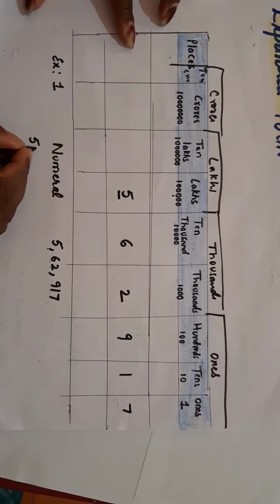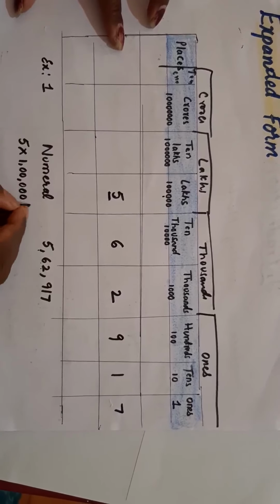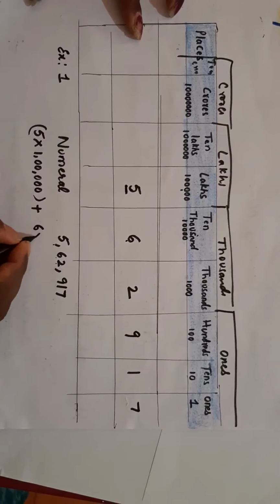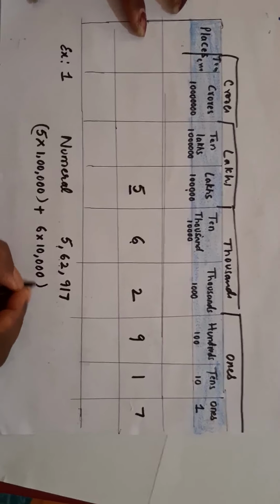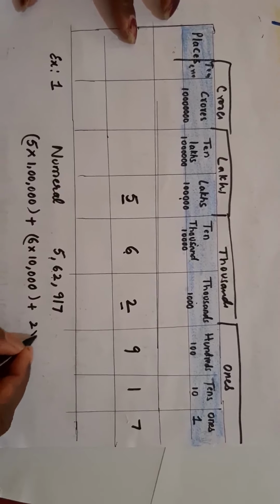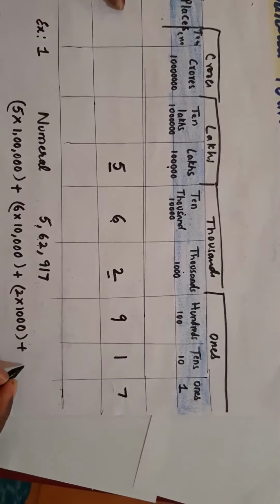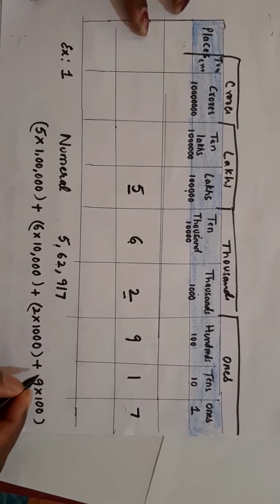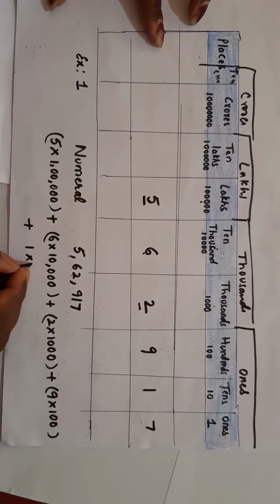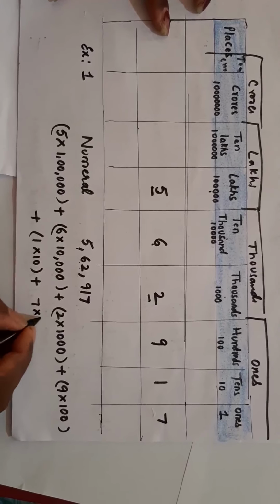For example, 5 into lakh, 5 lakhs, plus 6 into 10,000s, plus 2 into thousands, 2,000s, plus 9 into 100, plus 1 into 10, plus 7 into 1.